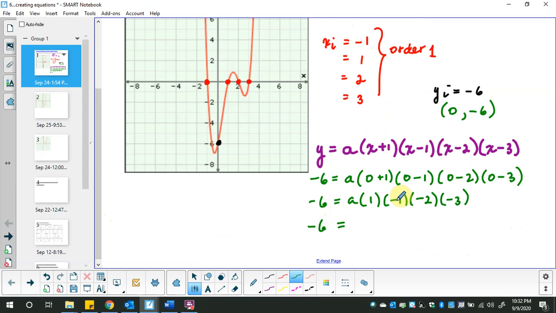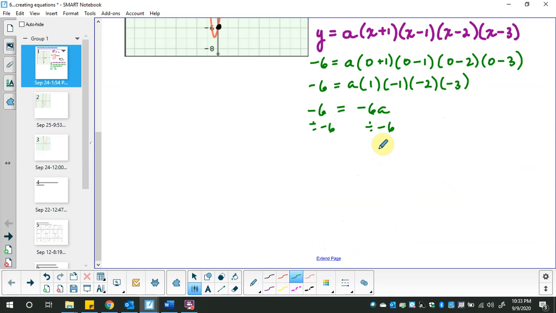So -1 times +6 is -6a. We're trying to solve for a. So we have to get the a by itself, so divide out the -6, and we get an a of 1.